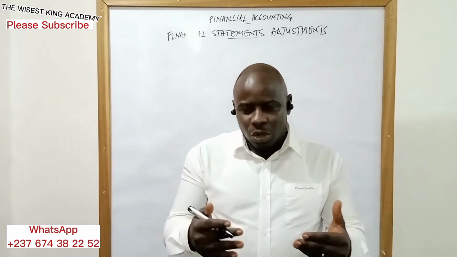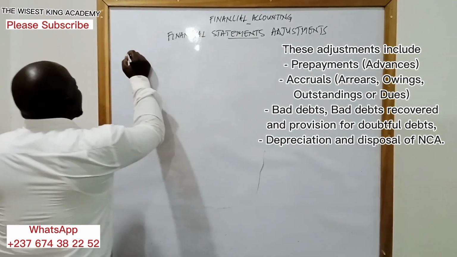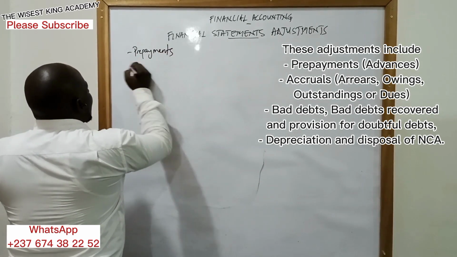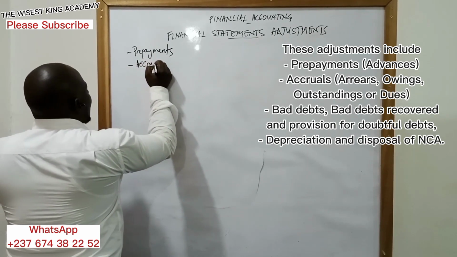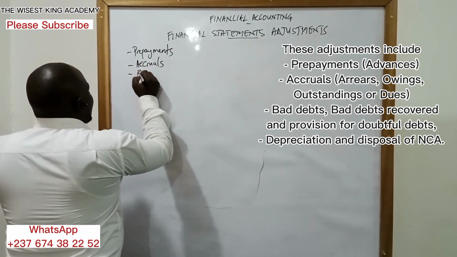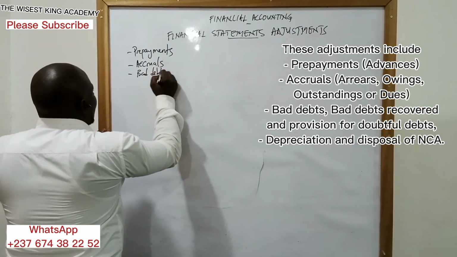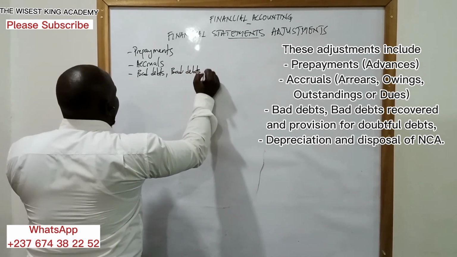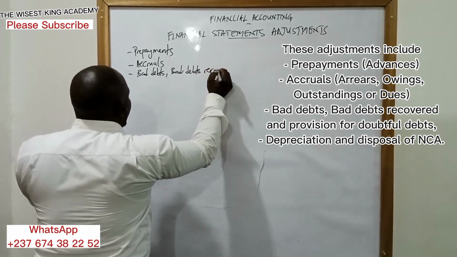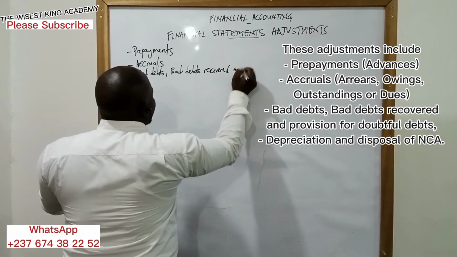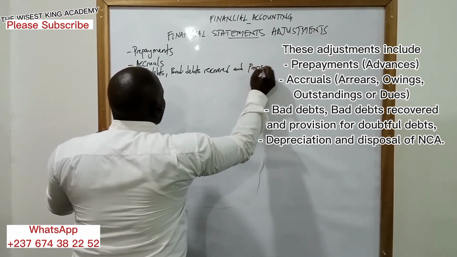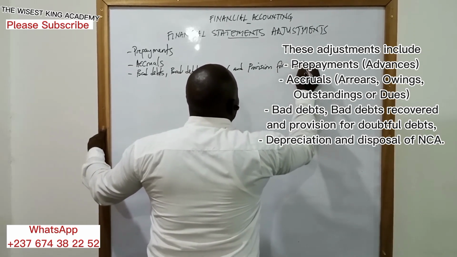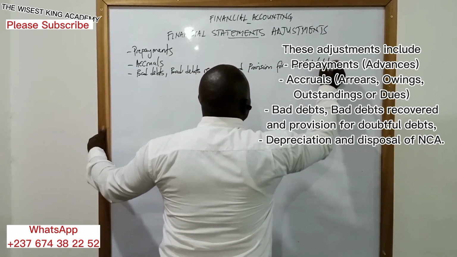These adjustments include prepayments, accruals, bad debts, bad debts recovered, and provision for doubtful debts.